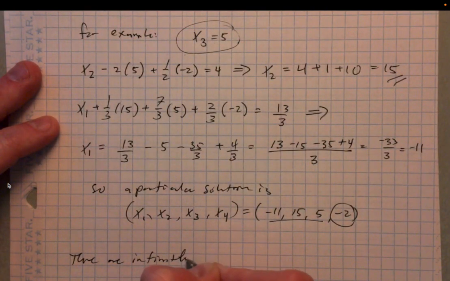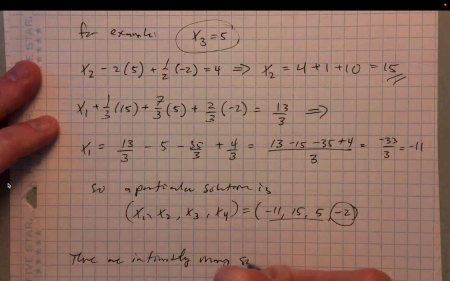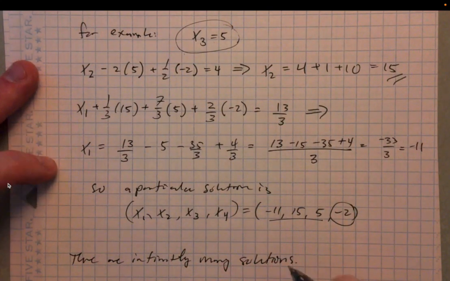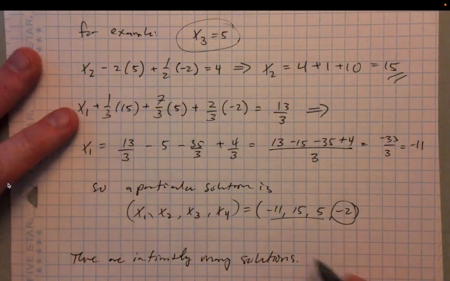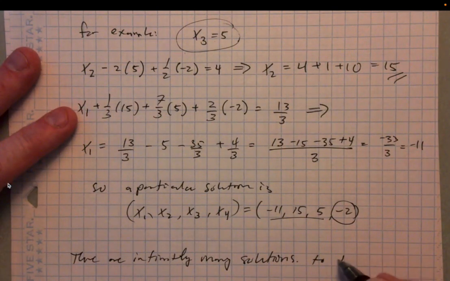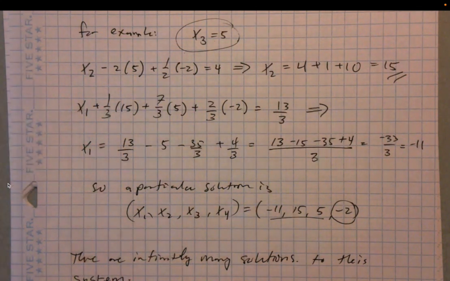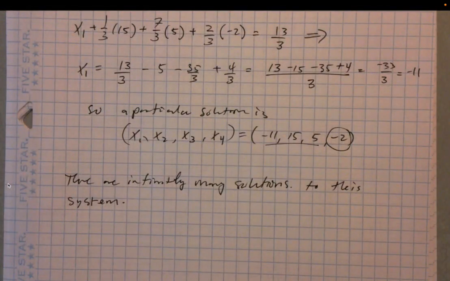There are infinitely many solutions to this system. Okay, very good. So you can kind of see why that's the case, but how can we express the complete solution set?